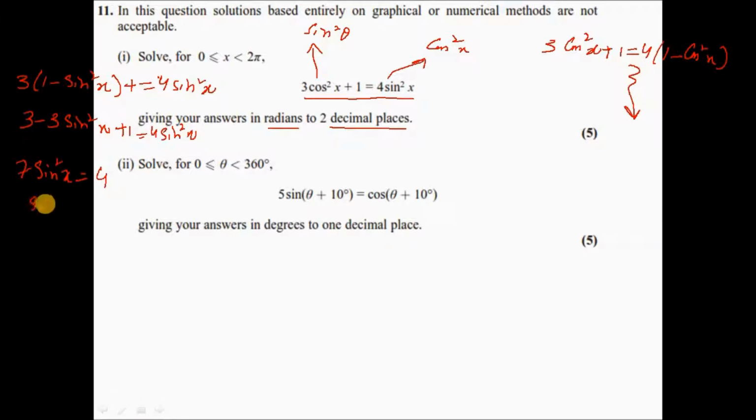Then sine square x is equal to 4 upon 7. If you take the square root, sine x is equal to plus minus 2 by root 7. So you have two values of sine, and you can figure out the angle x at these values.